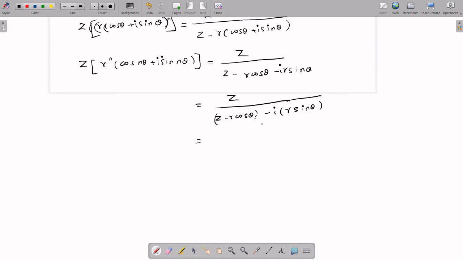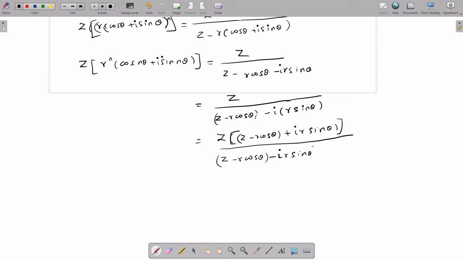z into, what is the conjugate of this term? Here you have to write this term to be z minus r cos theta. We are taking the conjugate, plus i r sin theta, divided by z minus r cos theta minus i r sin theta into z minus r cos theta plus i r sin theta.